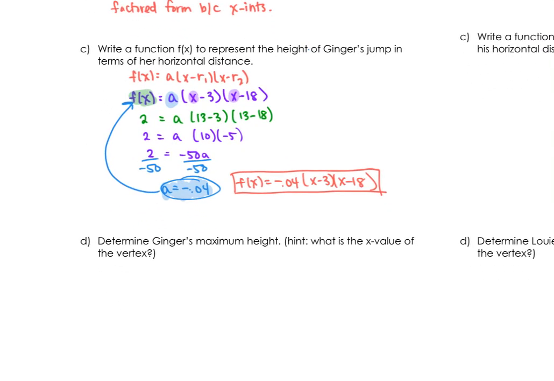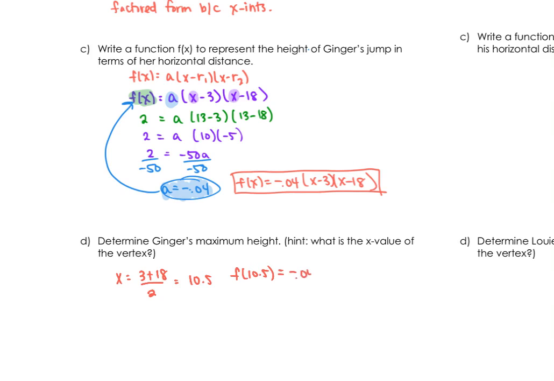Okay. So then it says determine Ginger's maximum height. To determine the maximum height, we first need to find the axis of symmetry. And remember, the easy way to do that is just to find the midpoint between your x-intercepts. So our x-intercepts are 3 and 18. So we're just going to do 3 plus 18 divided by 2, which is 10.5. And then to find the actual maximum height, we have to plug in 10.5.